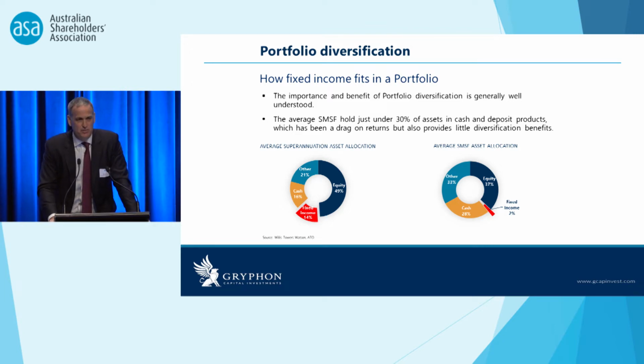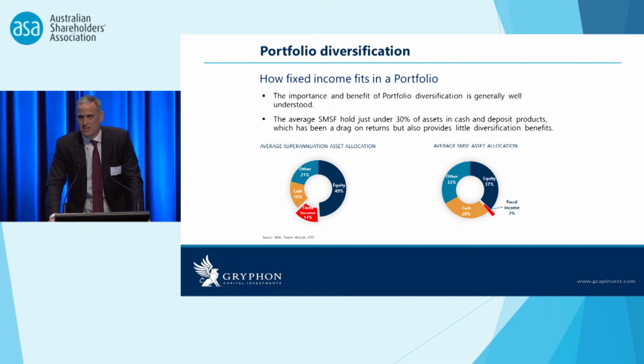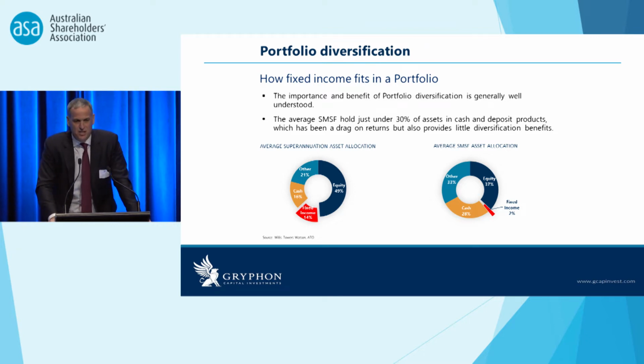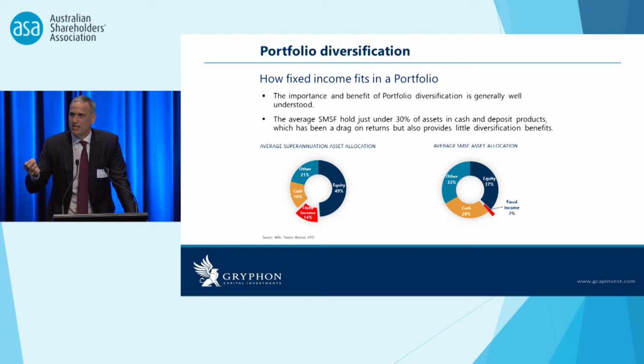The institutional superannuation investor has decided on an allocation of roughly half and half. Half cash, half fixed income. Where the self-managed investor has decided to keep a cash component of 28%, but only a 2% weighting to fixed income.